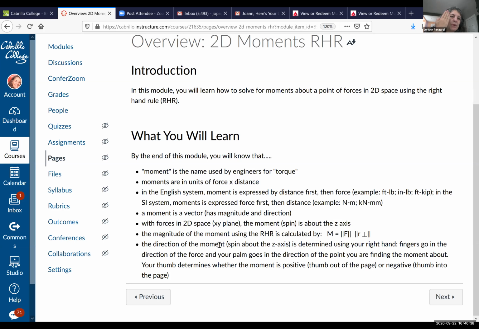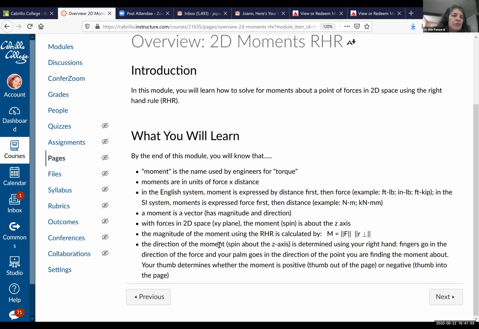Put your fingers together, make it flat. Fingers go in the direction of the force. The palm goes towards the point you're trying to find the moment about. And then once it curls, if your thumb is sticking out at you, it's positive. If it's sticking into the page, it's negative.